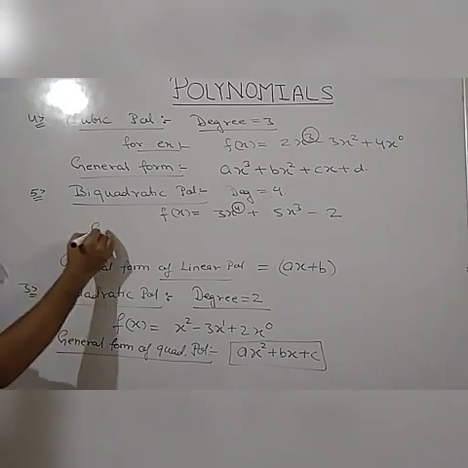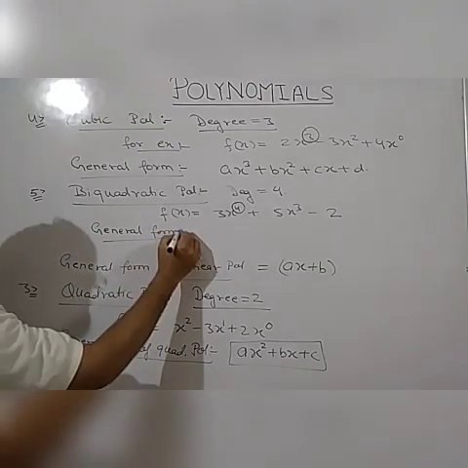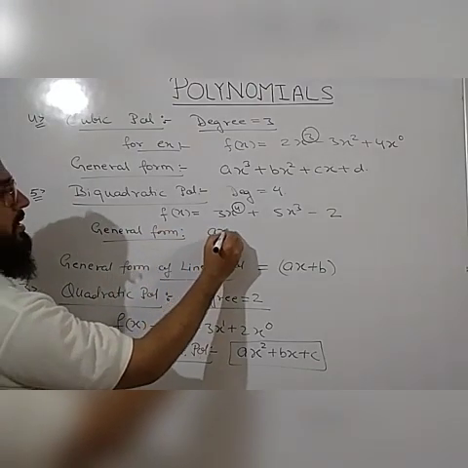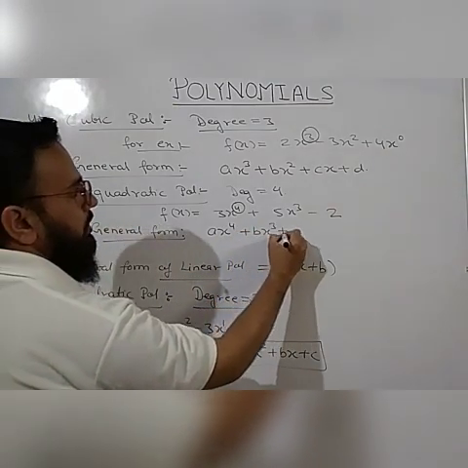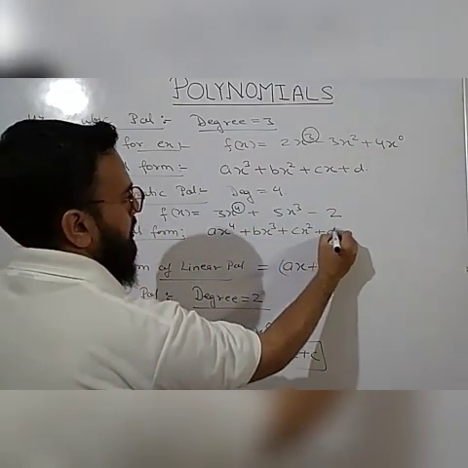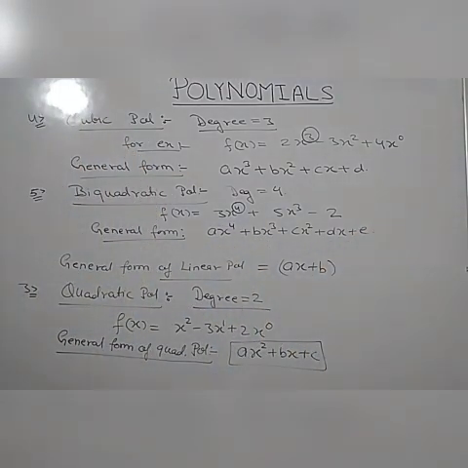And what is the general form? General form of biquadratic polynomial is written as ax to the power 4 plus bx cube plus cx square plus dx plus e. It is the general form of biquadratic polynomial. So in this way, we can classify the polynomials depending on the degrees of the polynomial.